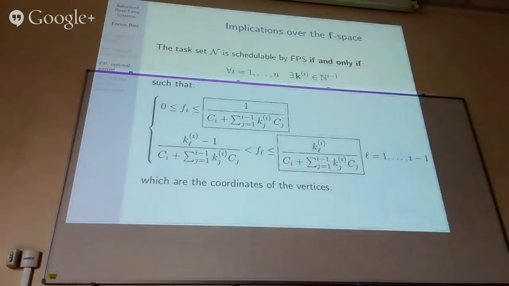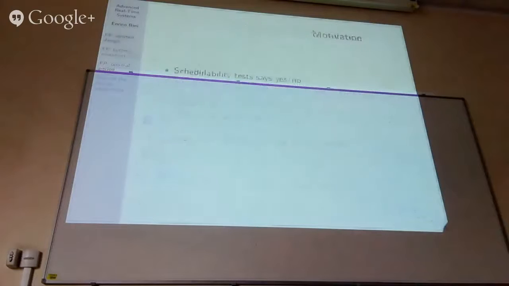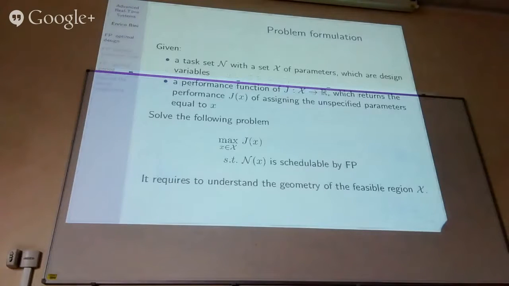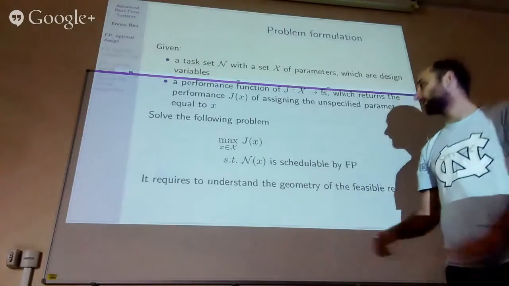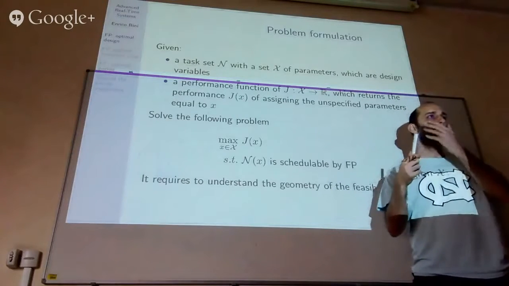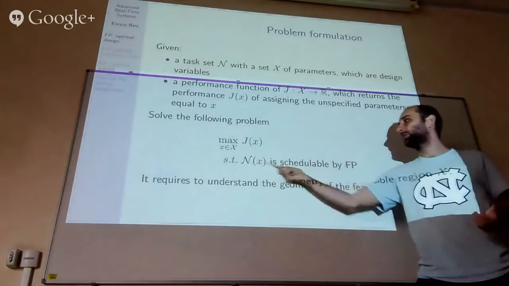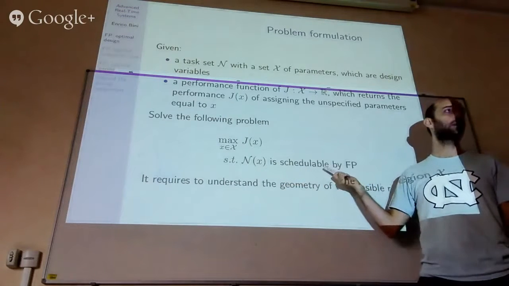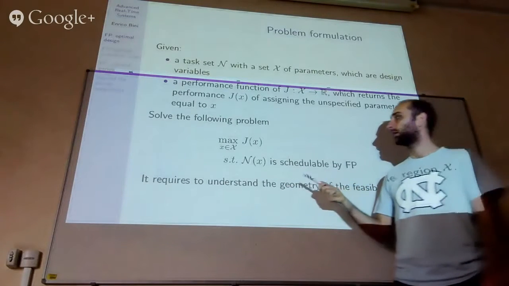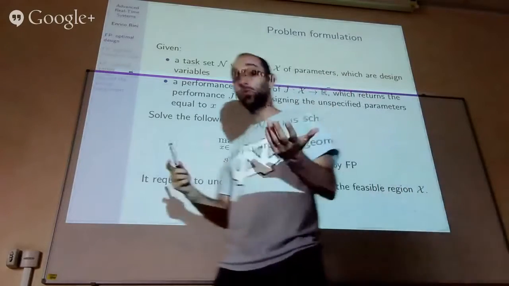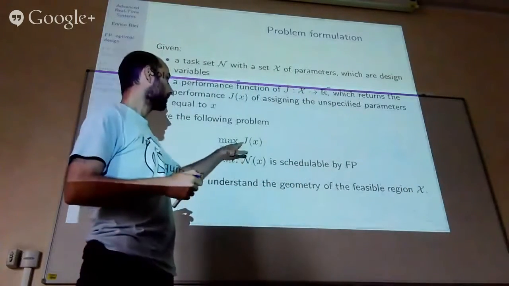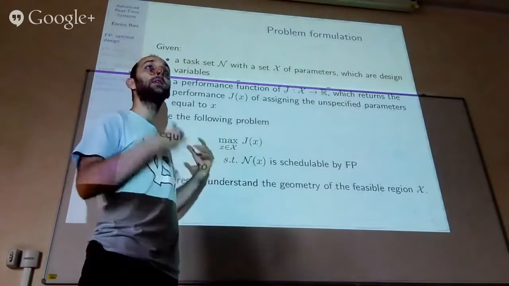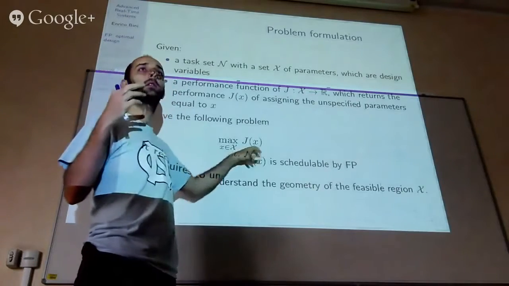Let's go back a second to the first slide. Okay, this is the very first slide, right? This formulation is a work about the schedulability region of fixed priority tasks. We assume that the performance is a simple function of task periods.